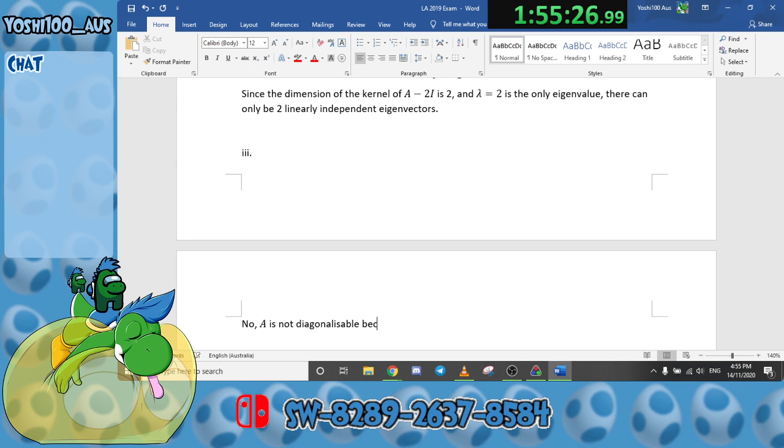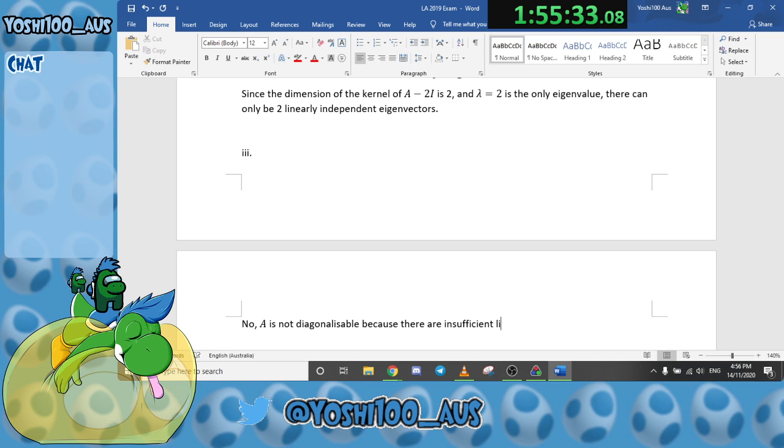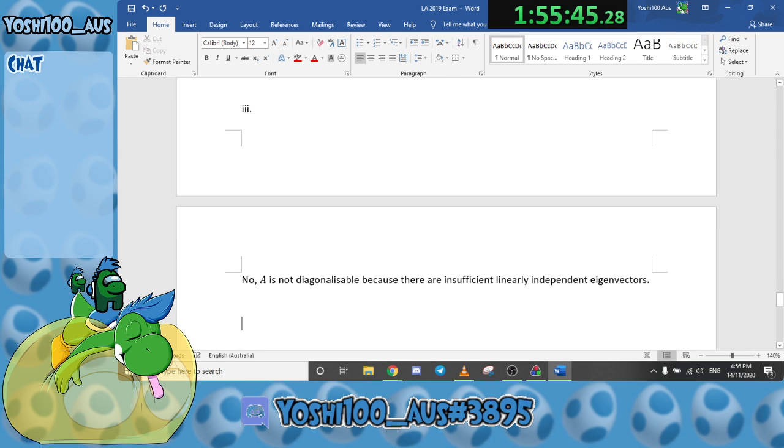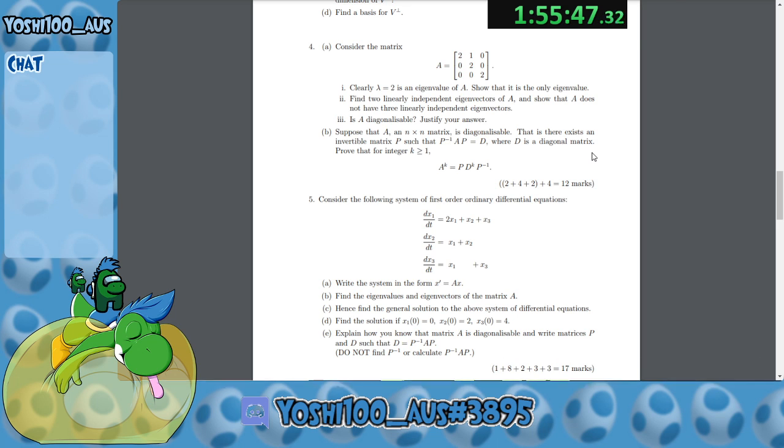A is not diagonalizable because there are insufficient linearly independent eigenvectors. But I can't type right now. Okay. B.